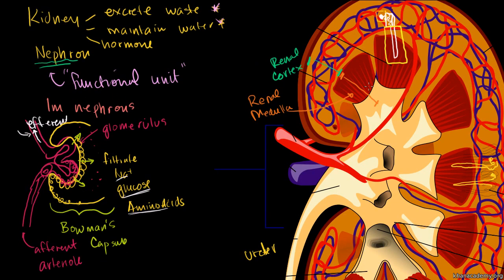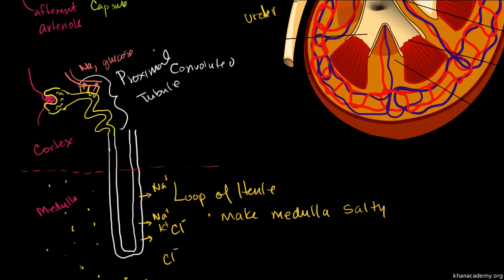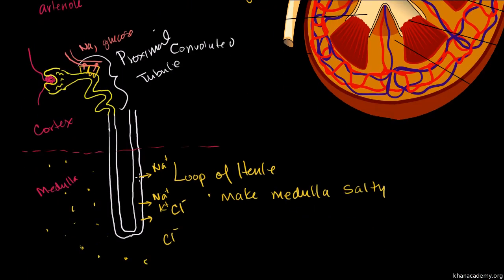All of this stuff requires ATP to actively pump against a concentration gradient. So this is salty. It's salty. And it's salty for a reason. It's not just to take back these salts from the filtrate, although that's part of the reason. But by making this salty, so this part, the ascending part, is only permeable to these salts and these ions. So only ions, it's not permeable to water.